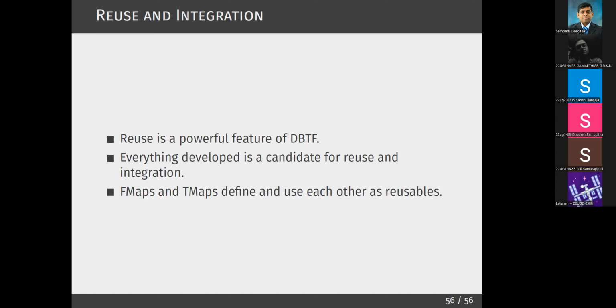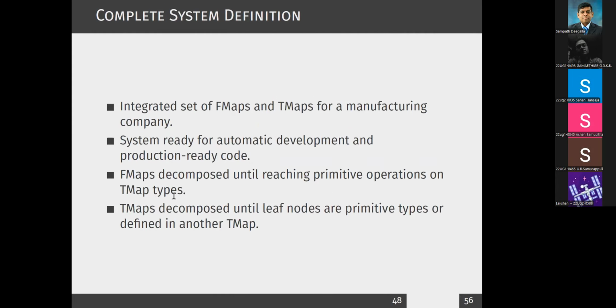So once you have identified the functionalities and the structures, then when you develop another system, you can easily use the same functionality when you're developing software, right? So these are the theory that I want to discuss, and the most important part that I covered is FMAP and TMAP.